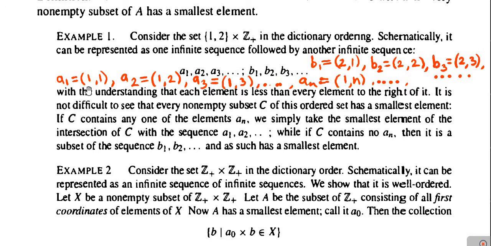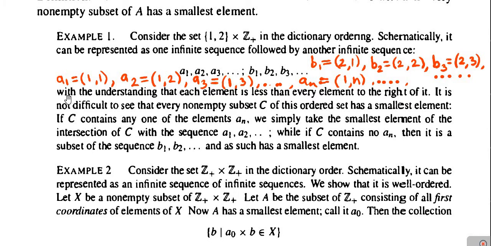So obviously a1 is less than each and every member a1, a2, a3 and so on, as well as b1, b2, b3 and so on. Similarly, a2 is less than a3, a4 and so on, as well as b1, b2, b3 and so on. So in this order, each element is less than every element which falls to the right side of it.